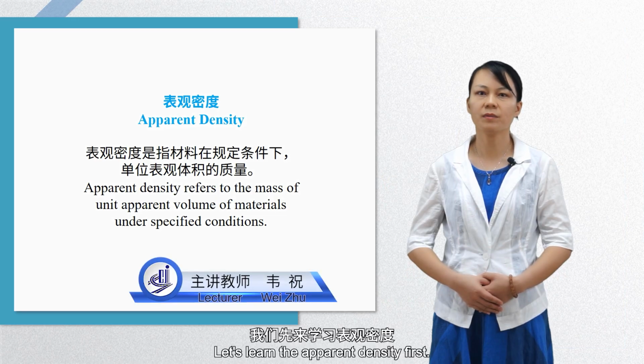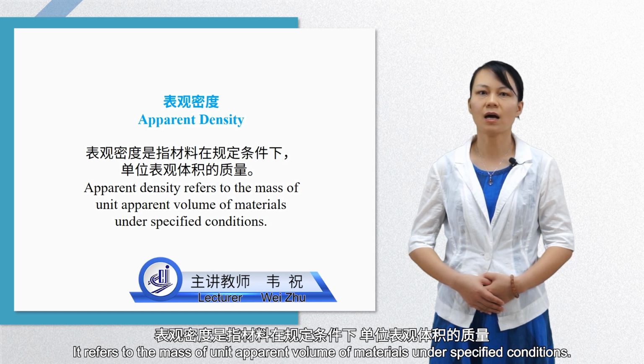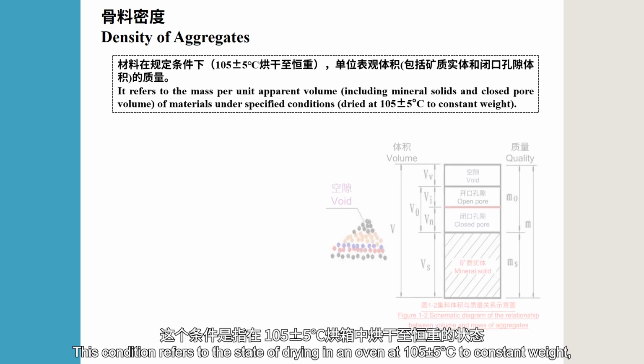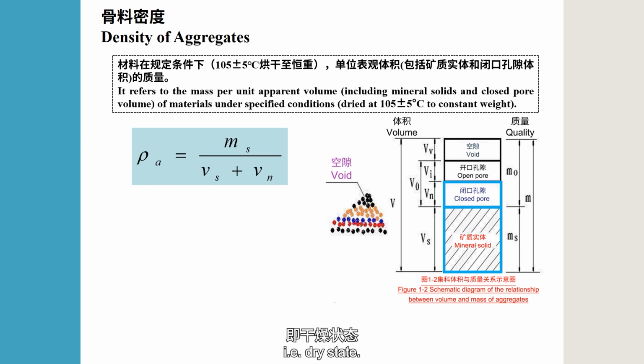Let's learn the apparent density first. It refers to the mass of unit apparent volume of materials under specified conditions. This condition refers to the state of drying in an oven at 105 plus or minus 5 degrees Celsius to constant weight. That is, dry state.